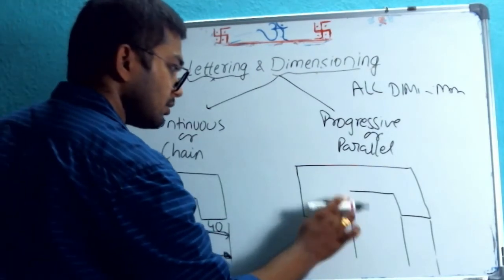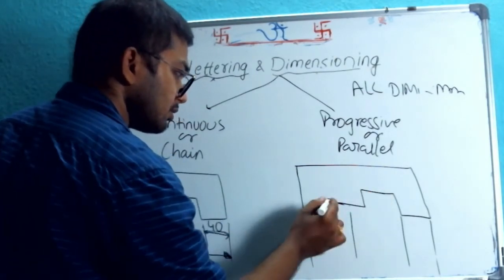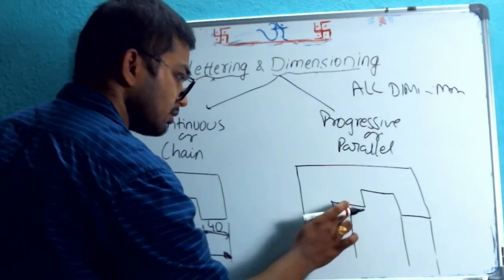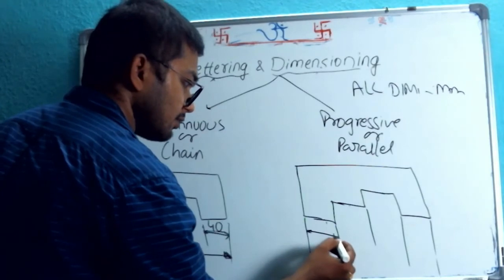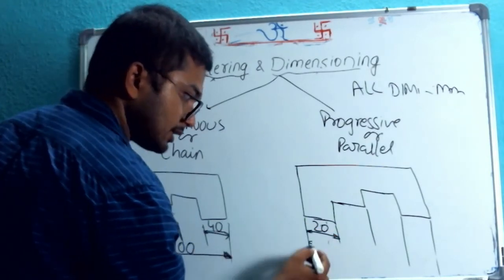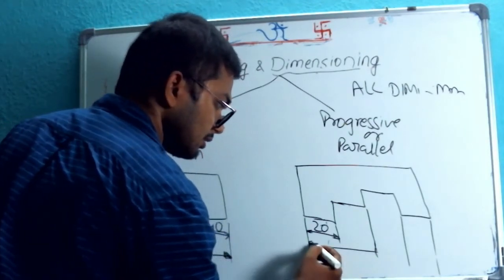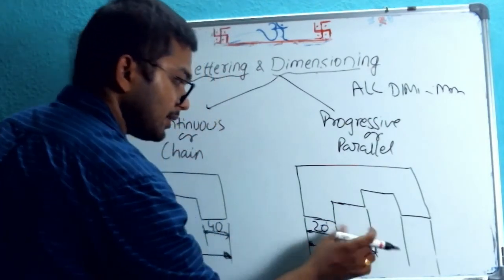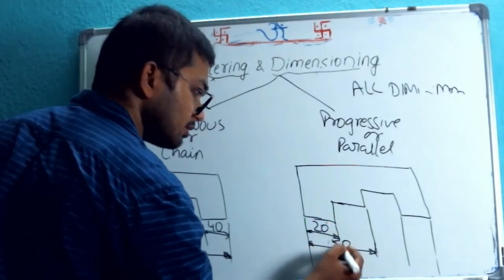Now, this is 20. From the same extension line, I will draw this line as well. 20 plus 30, that I will directly write here as 50.